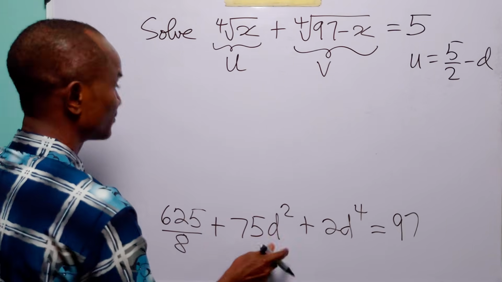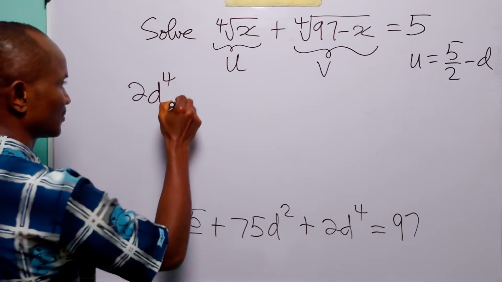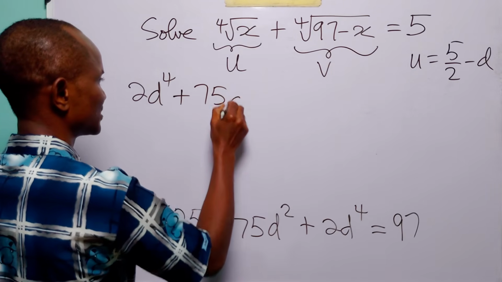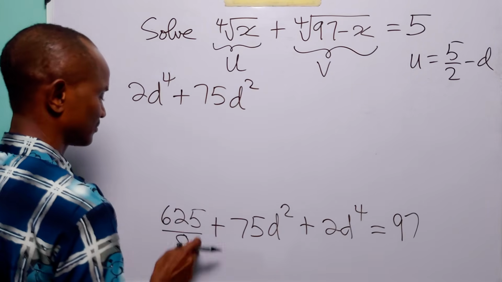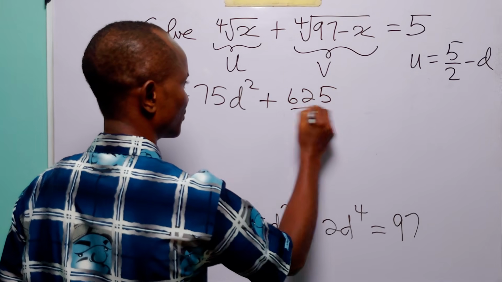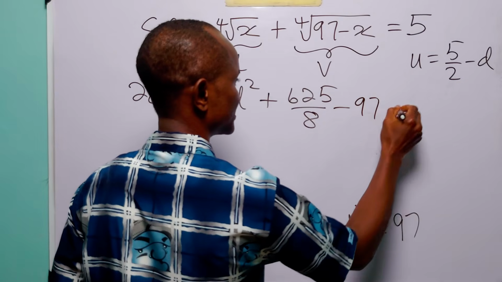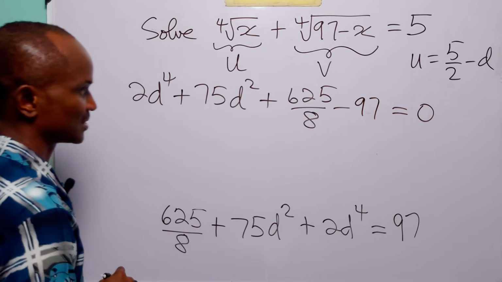And rearranging this equation, we have 2d to the power 4 plus 75d squared plus 625 over 8 and then minus 97 is equal to 0.